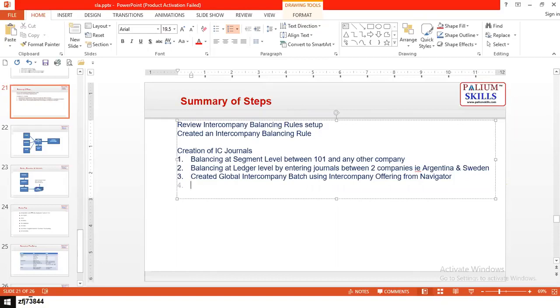We went in and provided it for transaction between provider and receiver organizations.